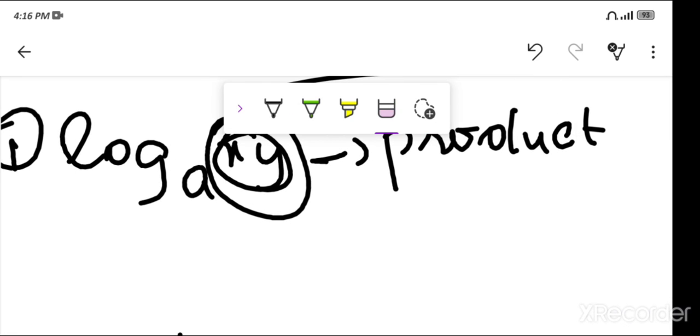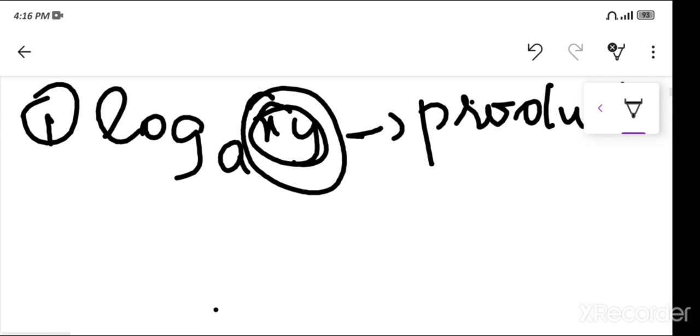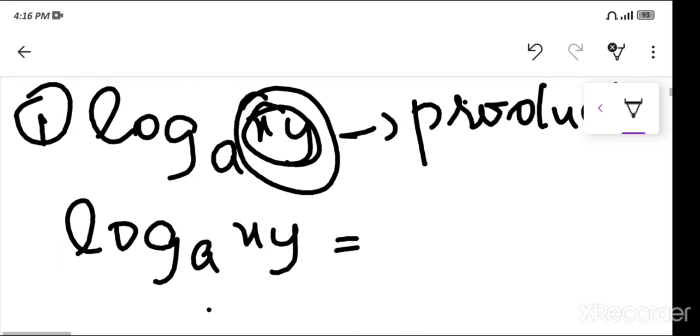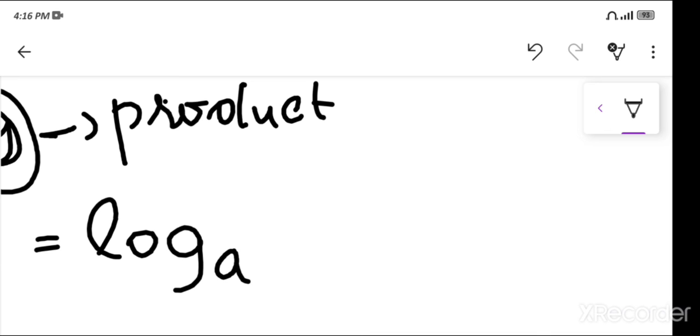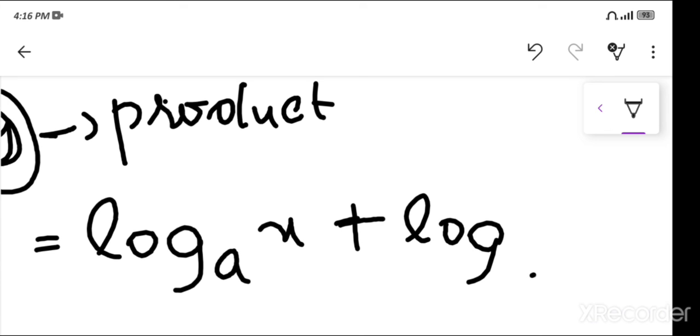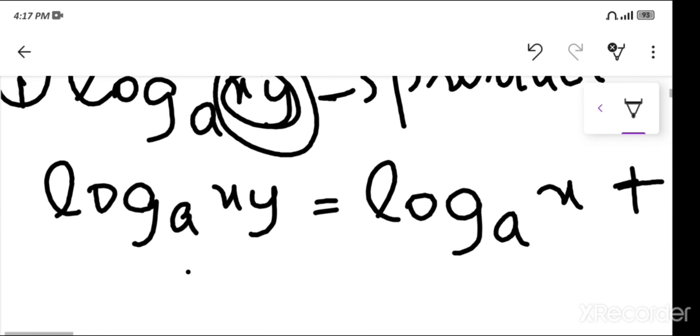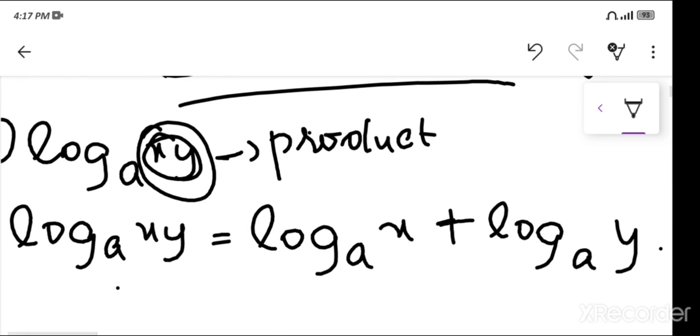If you want to expand this formula, it's pretty simple: plus log y to the base a. That's that simple. Now I'll tell you how I expanded it.